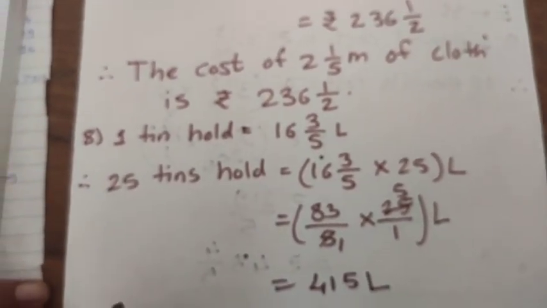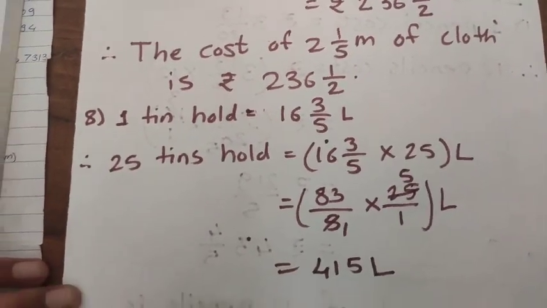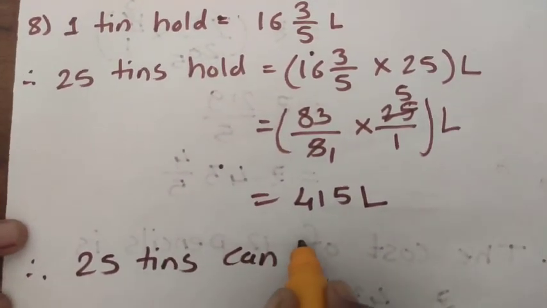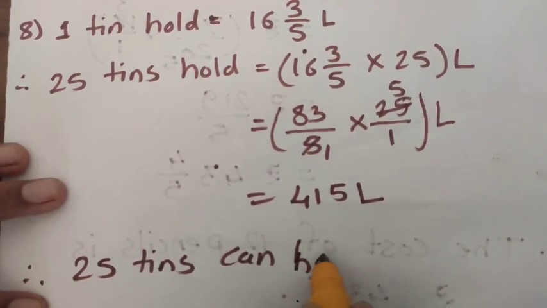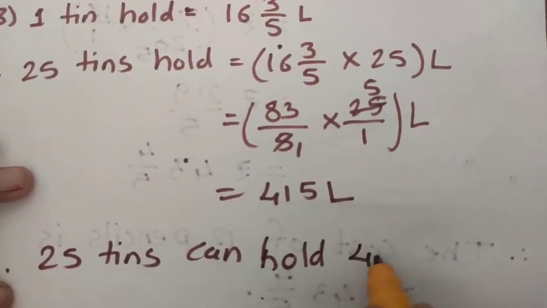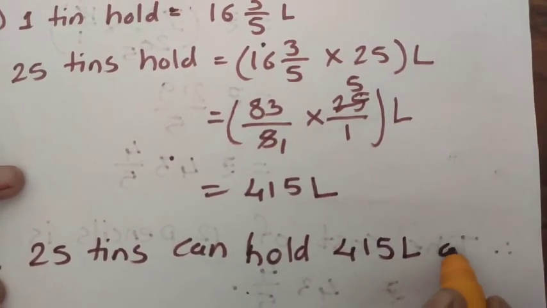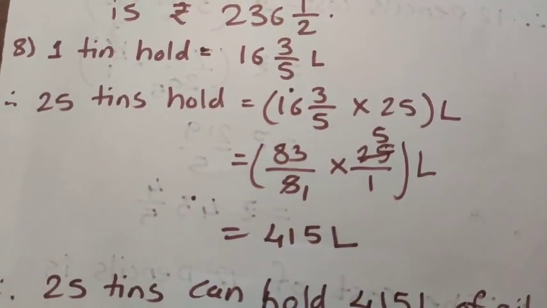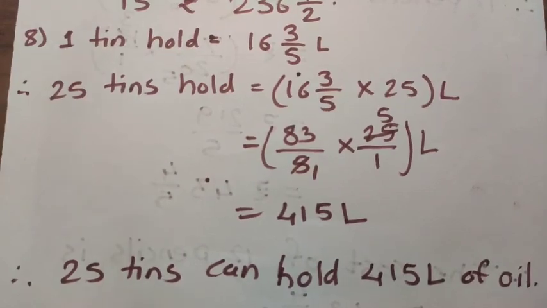Therefore 25 tins can hold 415 liters of oil. In this way, you are going to solve the problem.